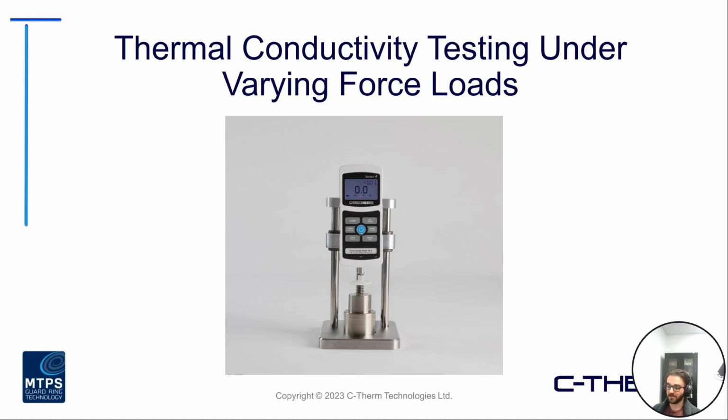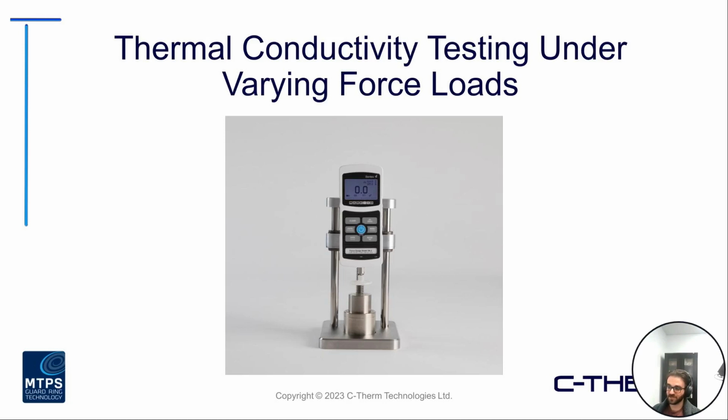A lot of times, if you're looking at these different materials, how they're being spec'd in the technical data sheets, if you were to test these samples under varying percent compressions or increasing force loads, if it's a soft and compressible material, which many TIMs are, those values can and will change. Typically, you'll see a net increase in thermal conductivity as you increase the applied force.